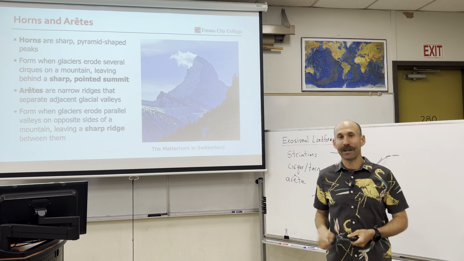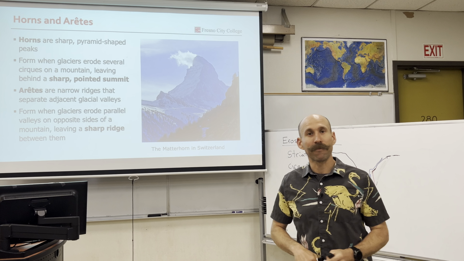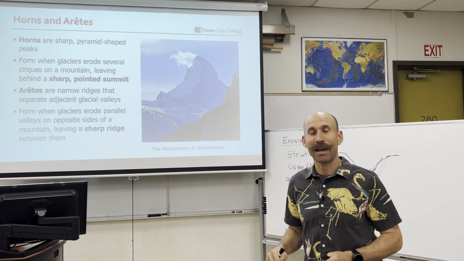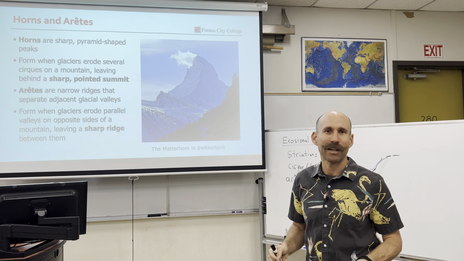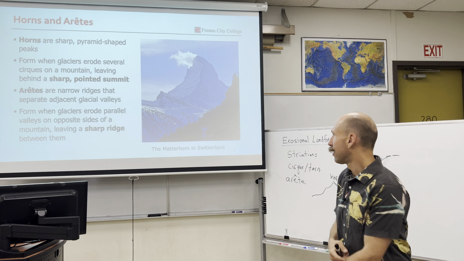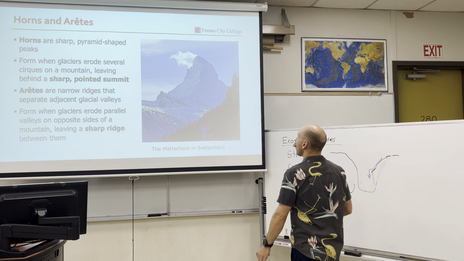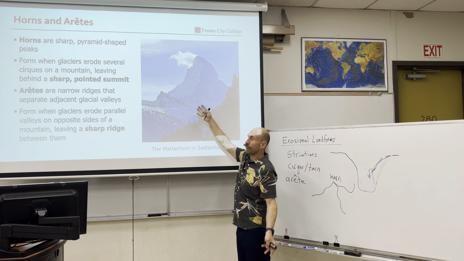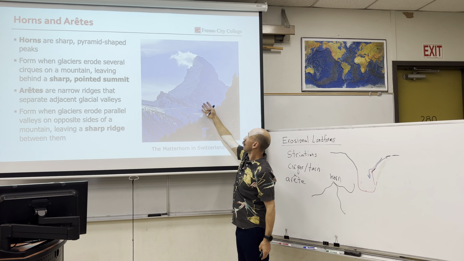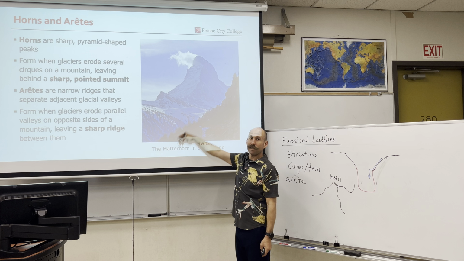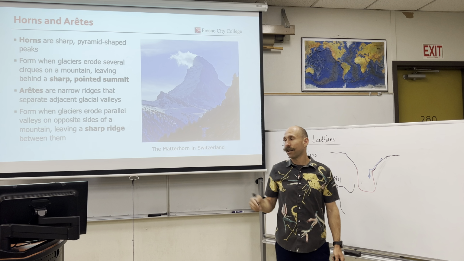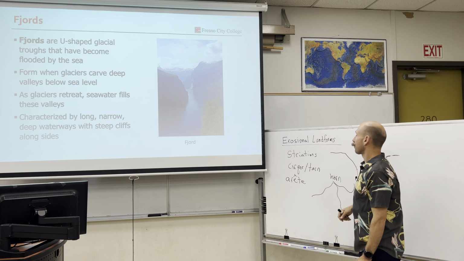This is the Matterhorn in Switzerland. Bucket list item for me is to stand on top of this mountain. It's going to happen someday when I carefully plan and take the time out of my schedule and my life to go do this thing. But point being, the Alps, high elevation, covered in snow and ice, indicate glacial erosion and glacially carved features.